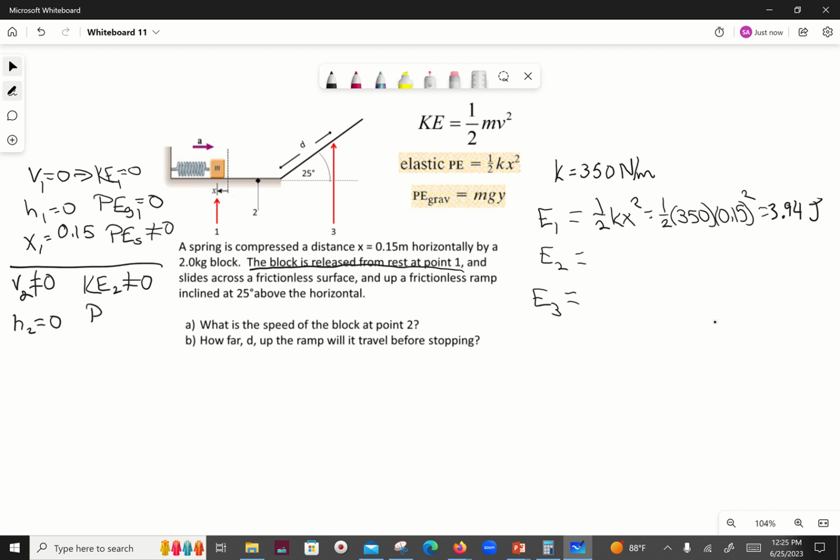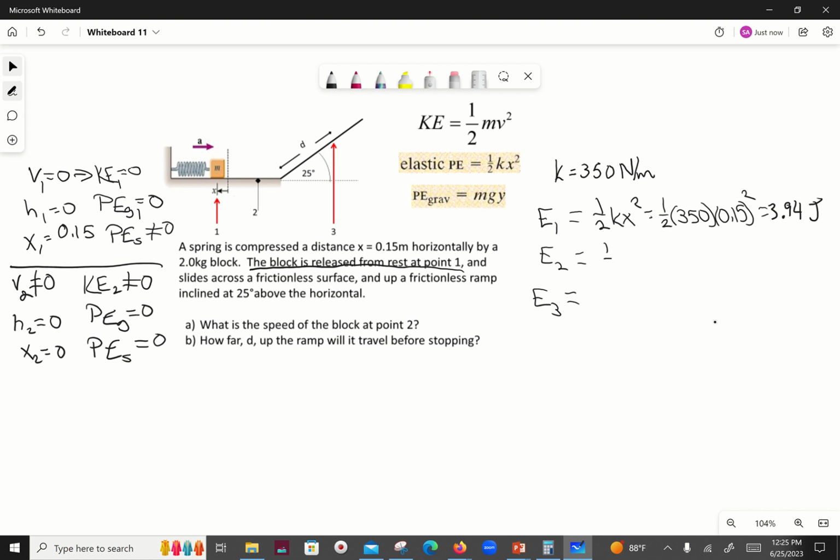So it's going to have 0 gravitational energy. And how about the spring? Well, at point 2, the spring is already back where its equilibrium position is, so there's not going to be any spring energy. So the only energy I'm going to have at point 2 is kinetic energy.